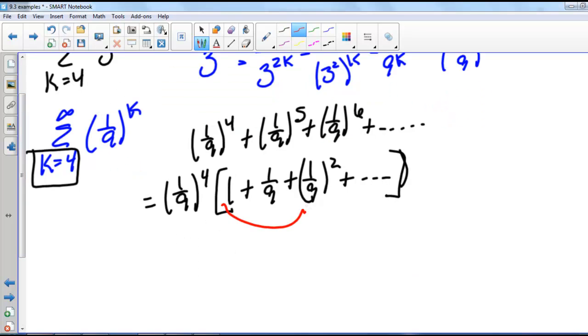So now this series is the series k equals 0 to infinity of 1/9 to the k.